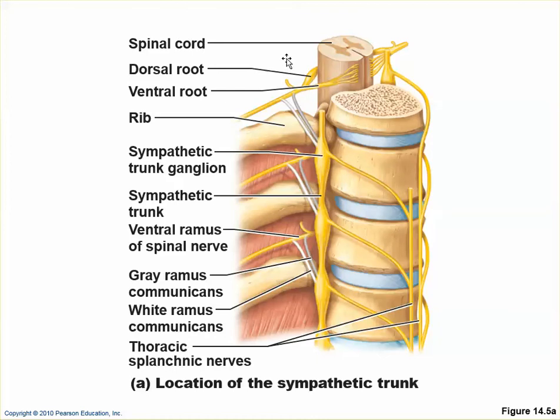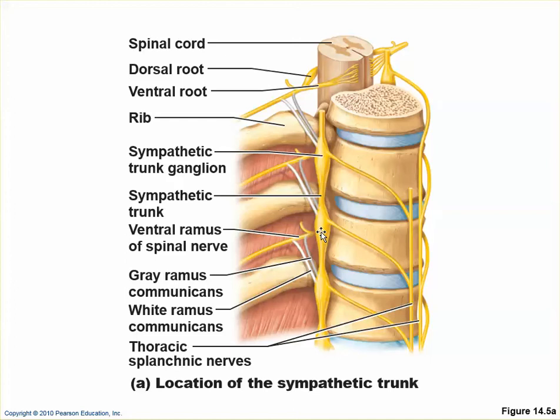It branches back here. So this is the spinal nerve here and here, and then it branches into rami. There's the dorsal rami. There's the ventral rami. You will see that there are these bulbs in this sympathetic trunk. The paravertebral ganglion are all here.